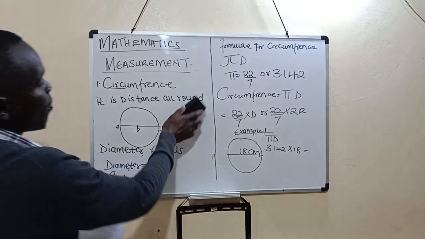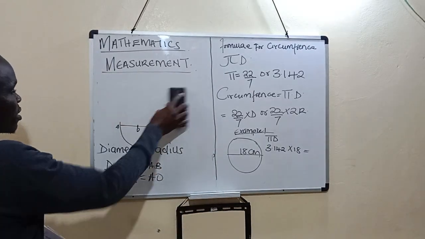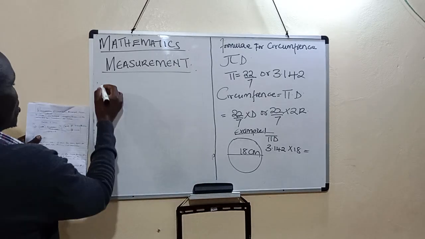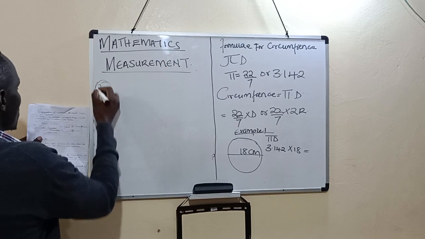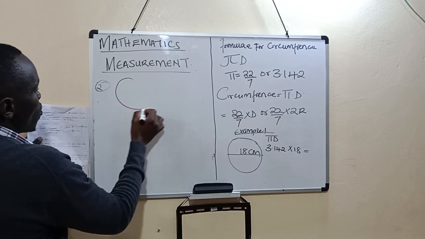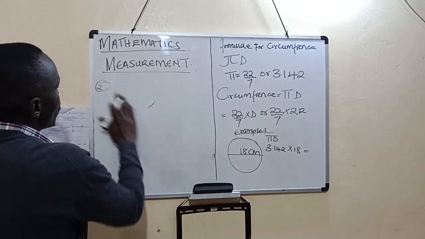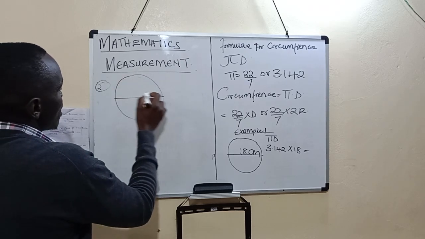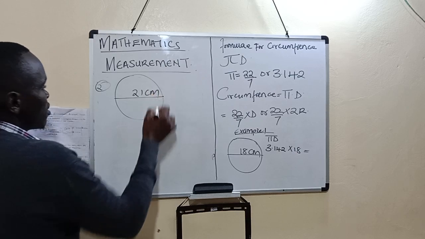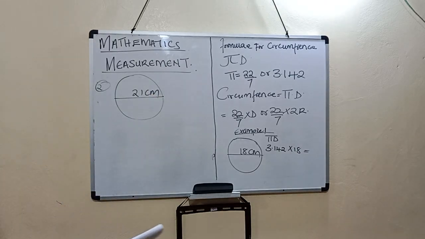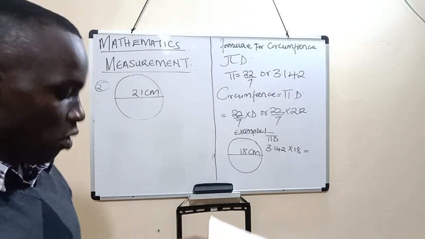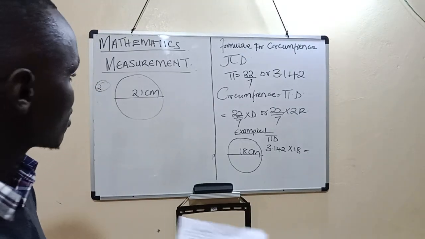Now we have another example. Example 2: a circle that has a diameter of 21 centimeters.